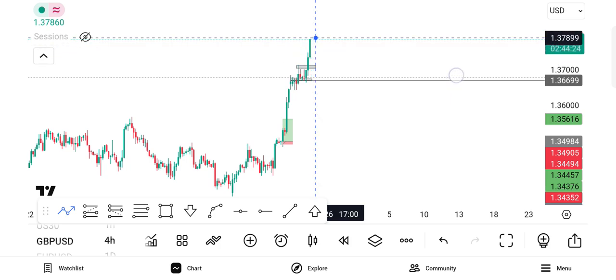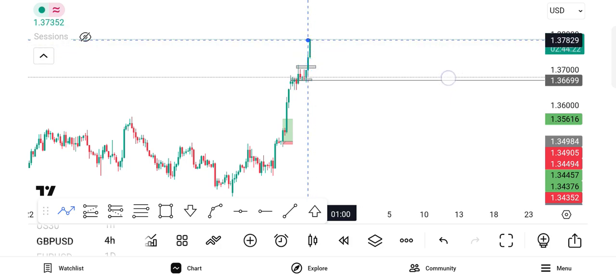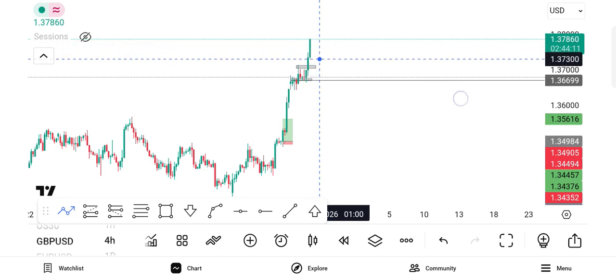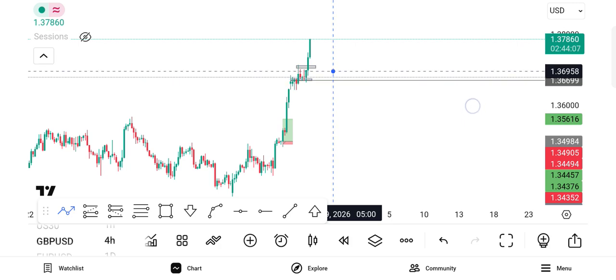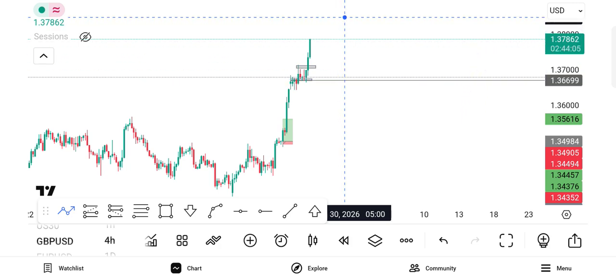For price to create a new higher high, it actually wants to continue the bullish trend it has already started. So we just wait for price to come back to either the support here or this one here, and then we look for a buy.